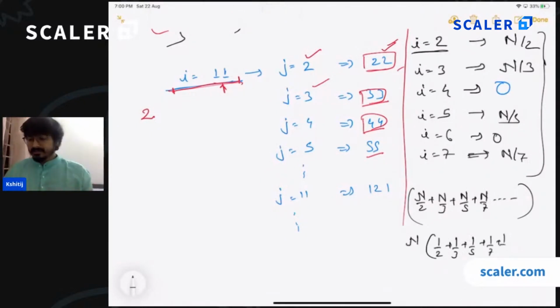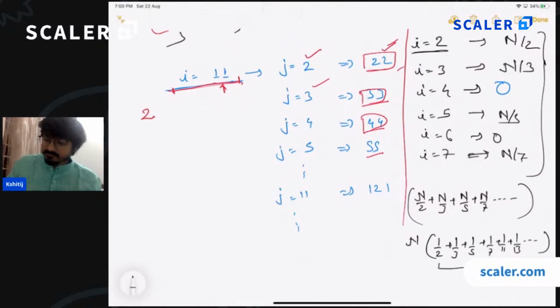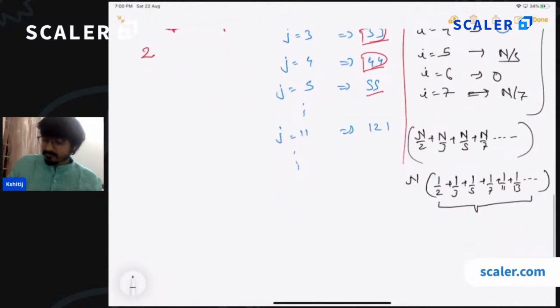What are all these? These are nothing but the sum of reciprocals of prime numbers, right? First 10 prime numbers basically.